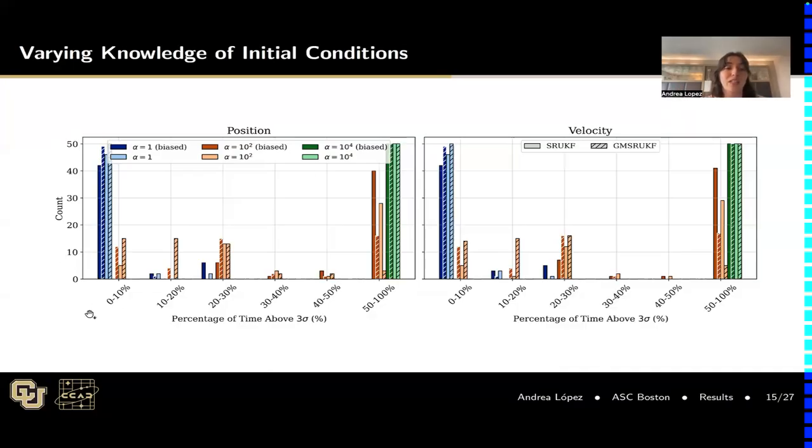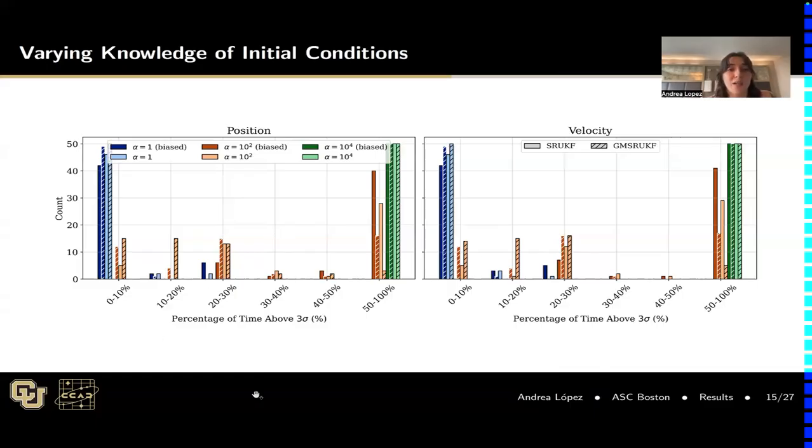For the blue and orange cases, we can see in the blue how a high percentage of the cases are in the 0 to 10% bin, which is what we would want to see. We also see how the Gaussian mixture version of the filter is performing a little bit better than the single filter, which is great.